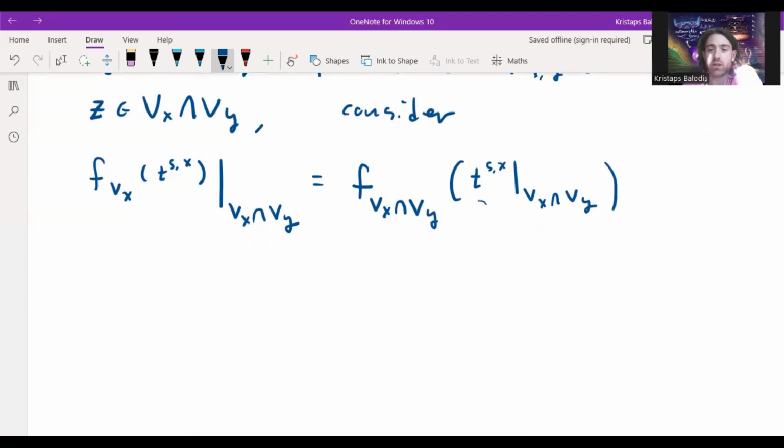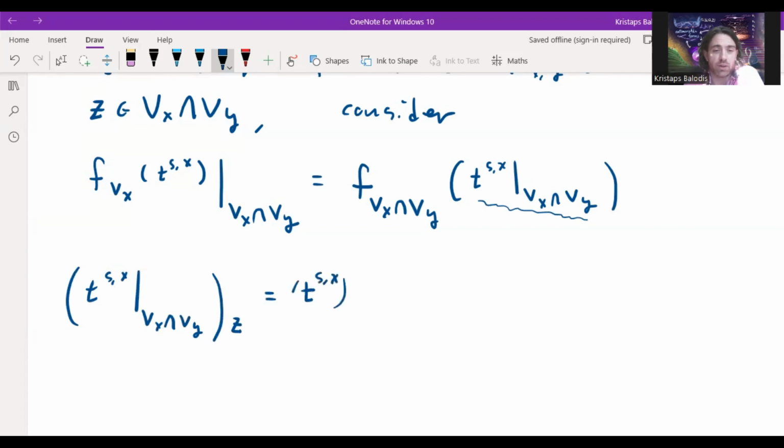So we can look at this thing in particular. t S x restricted to V x intersect V y. Well, the germ of this thing at z is just going to be the same as the germ of this thing at z. And the germ of this thing at z, well, we know that is going to be equal to S z, particularly because z lives in V x.